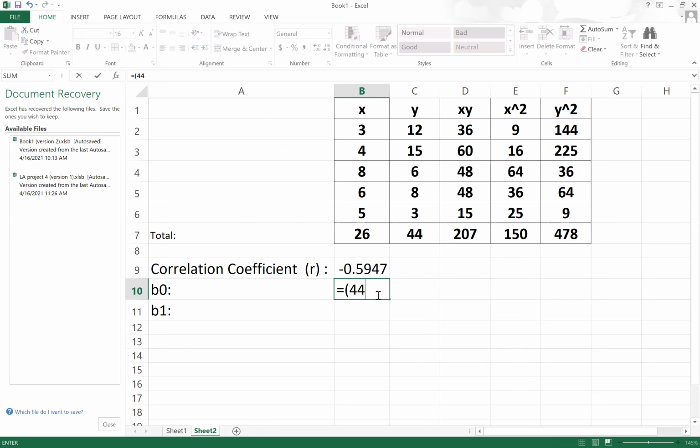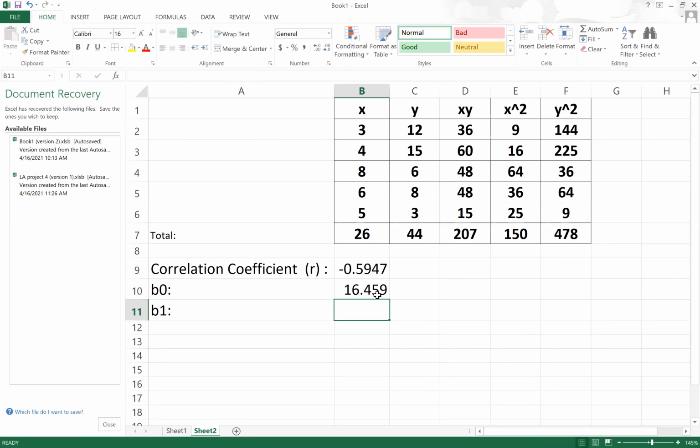Total of y 44 times total of x squared is 150 minus total of x is 26 times total of xy, that turned out to be 207. That will take out the numerator and divide by the denominator. It's sample size 5 times total of x squared is 150 minus total of x 26, square that. Okay, that will do it.